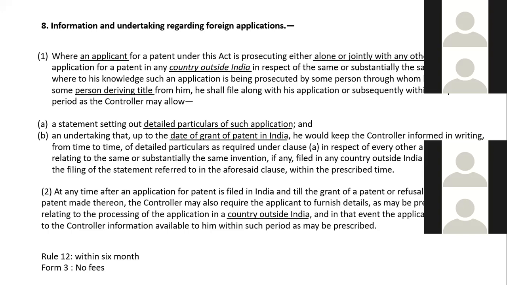2 is stated that the time within which the applicant for a patent shall keep the controller informed of the details in respect of other application filed in any country in the undertaking to be given shall be 6 months from date of the filing.